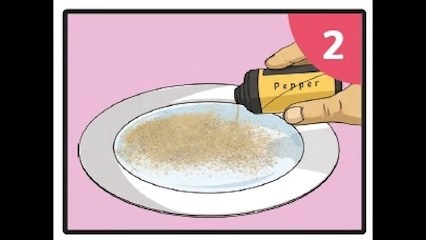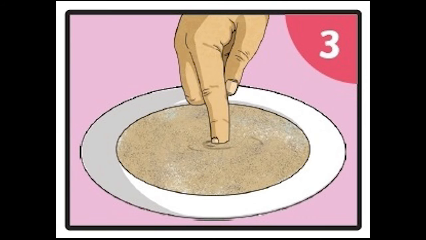You should see the black pepper floating on the water. Step 3. Test 1. Dip your finger into the center of the bowl of water. Watch what happens to the pepper and record this.